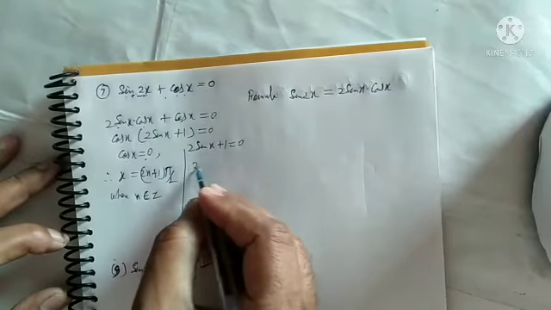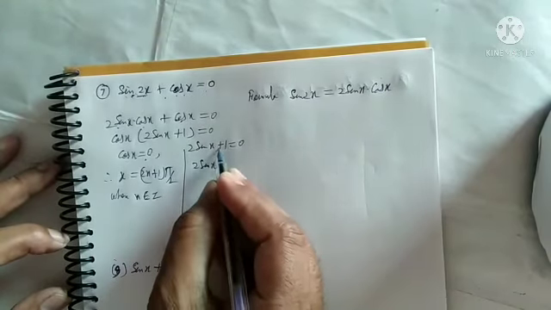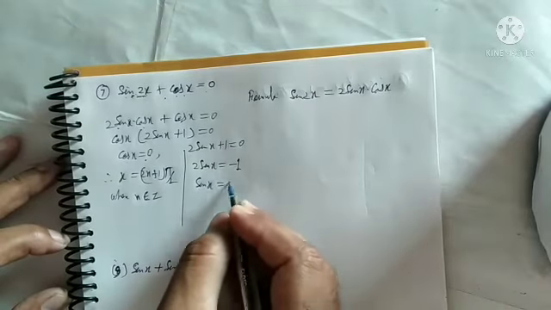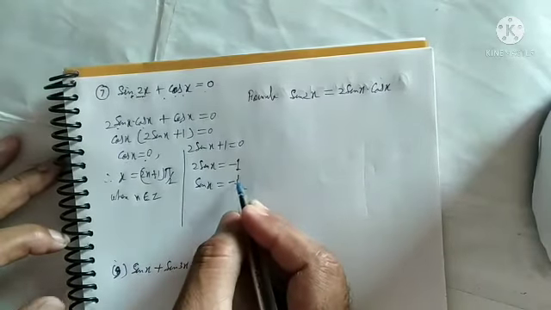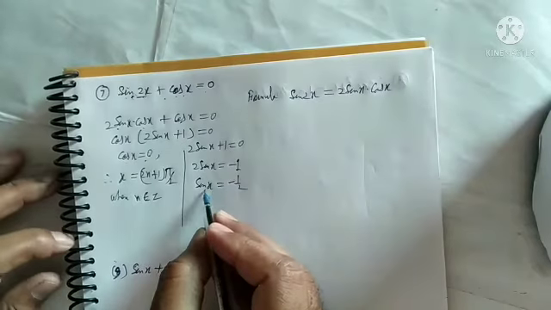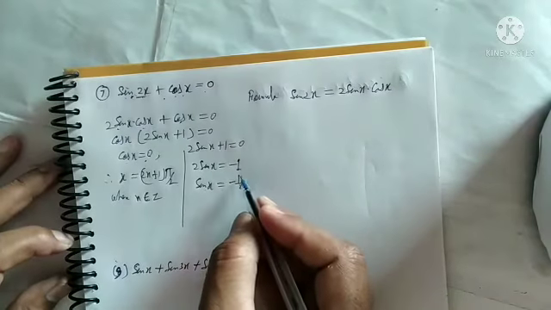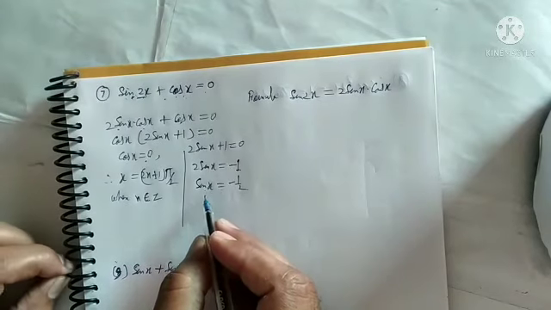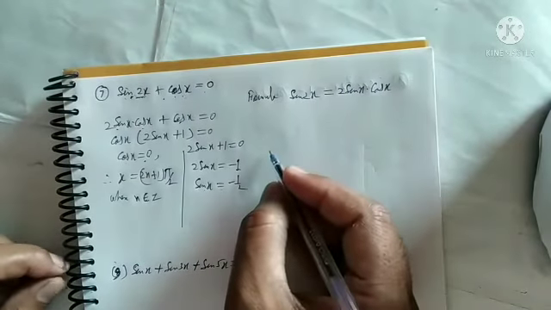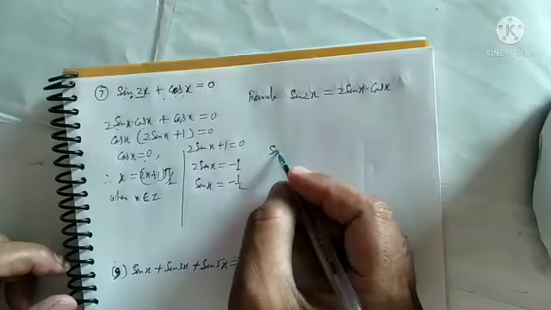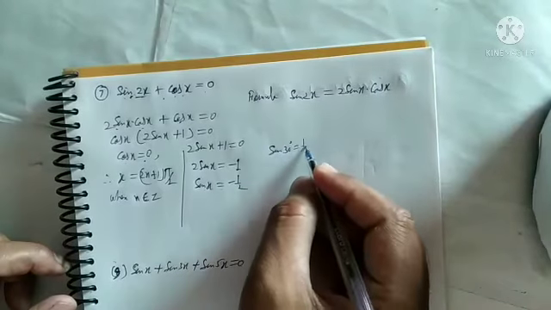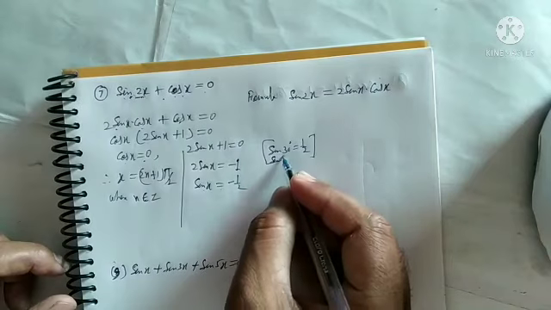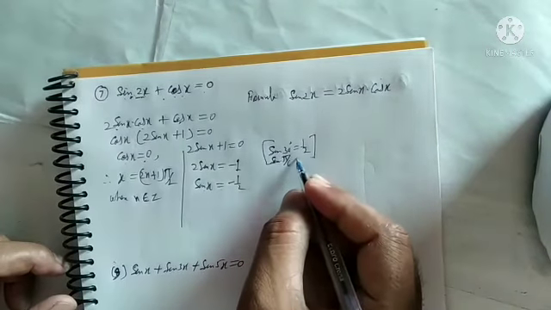Here 2 sin x plus 1, if you transpose that side it becomes minus 1. Then sin x is equal to minus 1 upon 2, because the 2 will go down by cross multiplication. We have to find which sine value gives 1 upon 2. You studied in 10th standard that sin 30 degree is equal to 1 upon 2, and 30 degree is pi upon 6.